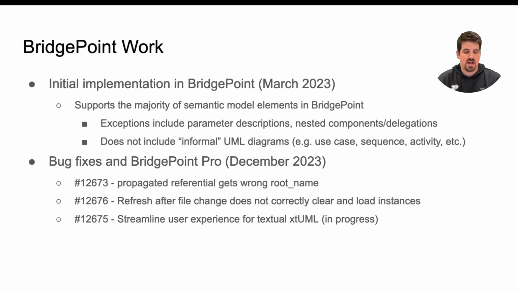This package has been targeted at releasing as a Bridgepoint Pro at the end of this year, and being the first production-ready version of Bridgepoint that can support Textual xtUML. So Textual xtUML is available right now. You can download it at xtUML.org if you go to the downloads page and navigate to the nightly builds page. It is available in the latest nightly build, and I want to show you a quick demo of that.